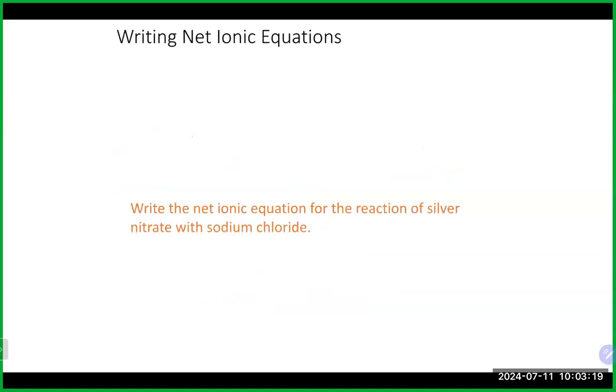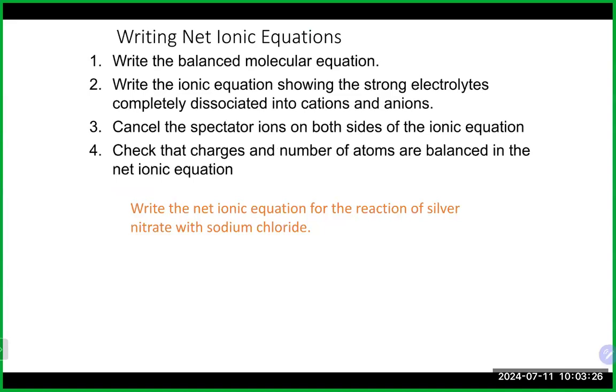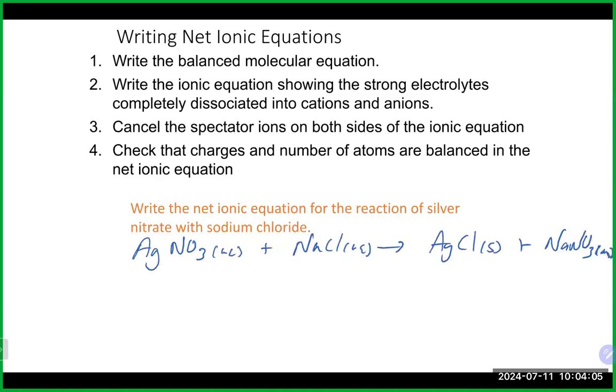All right. When we're talking about writing net ionic equations and total ionic equations, again, we want to break apart anything that's a strong electrolyte into ions. Anything that's a weak electrolyte, a solid, liquid, or gas will stay together. We actually did this equation a second ago when we were looking at solubility, so we'll just write it up here.